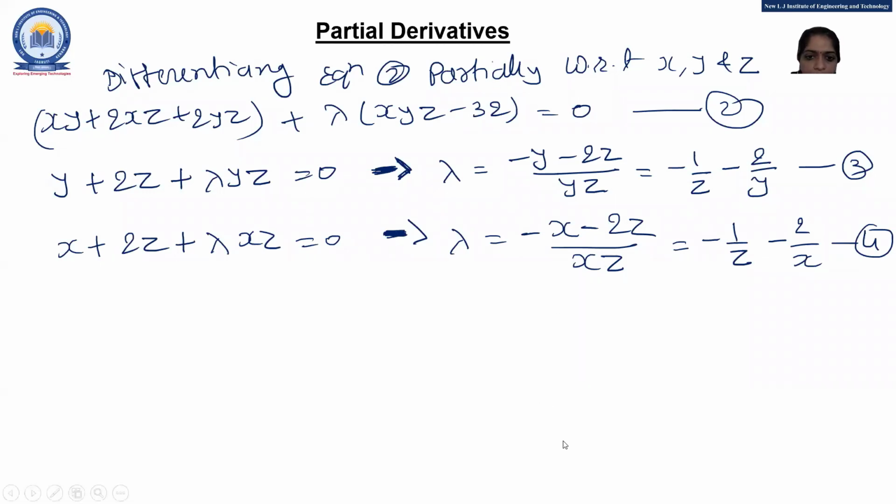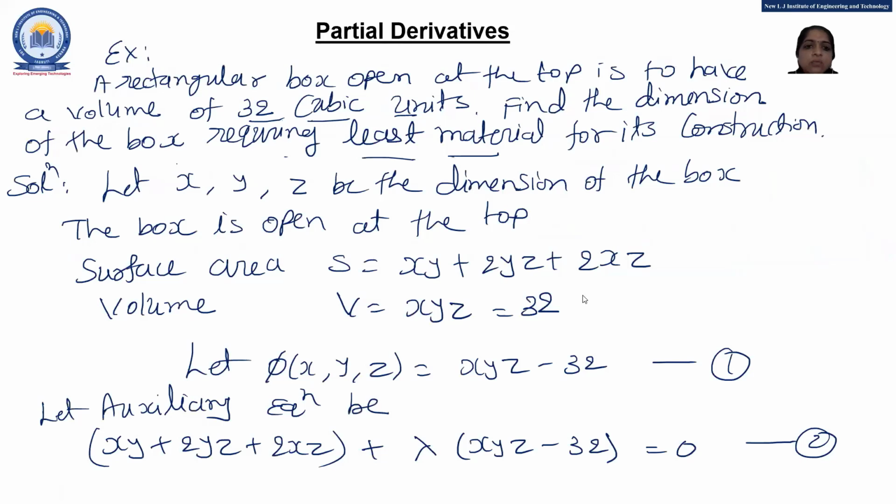Ishika, you have a doubt? Ma'am, how do we get to know which equation is f of xyz and which is phi of xyz? See, Ishika, your constraint is your phi of xyz. Here volume is fixed, that is 32. So this is your constraint.